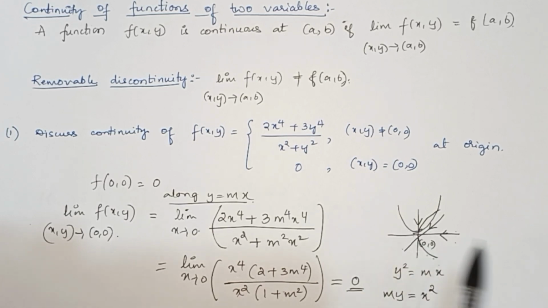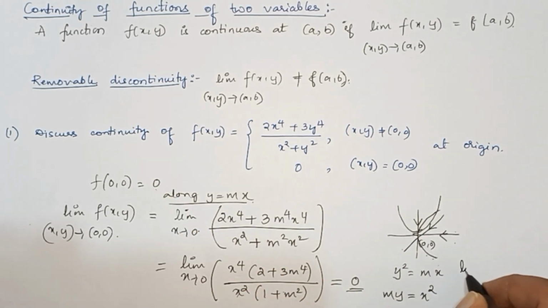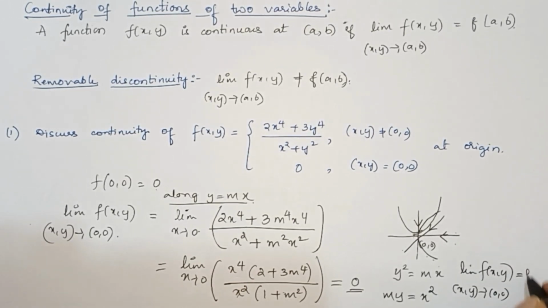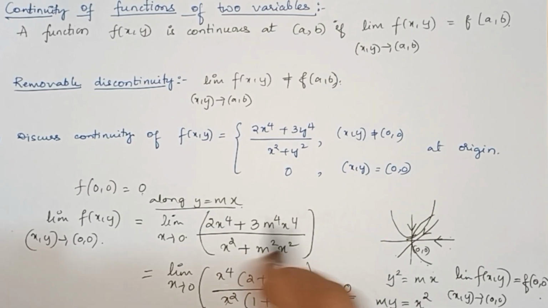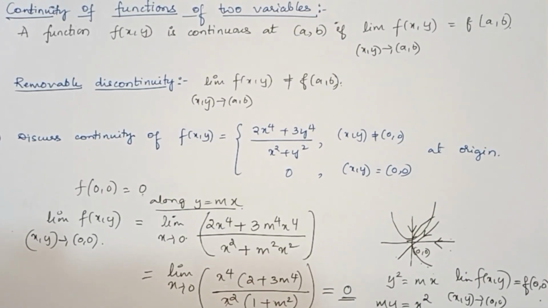Therefore, on every path, the value of the limit equals 0. Hence, the limiting value equals the function value. The limit of f(x, y) as (x, y) tends to (0, 0) is equal to f(0, 0). This is also 0. The function value is also 0. Therefore, the given function is continuous at the origin (0, 0).